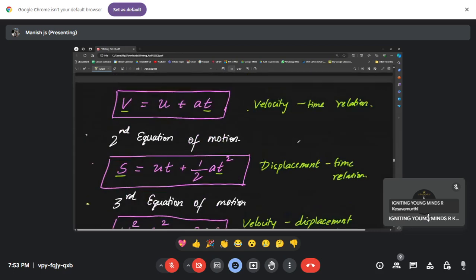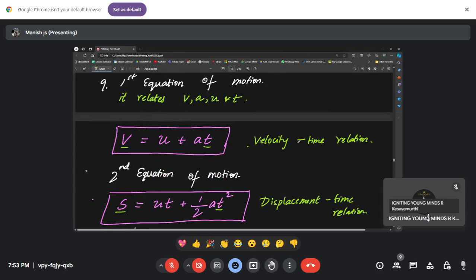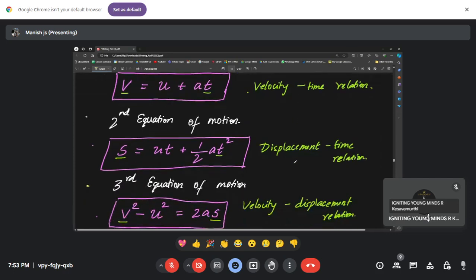So with this, we cover the three equations of motion. Let's have a quick recap. The first equation of motion is a velocity time relation, as in v equals u plus at. The second equation of motion is a displacement time relation, as in s is equal to ut plus half at squared.